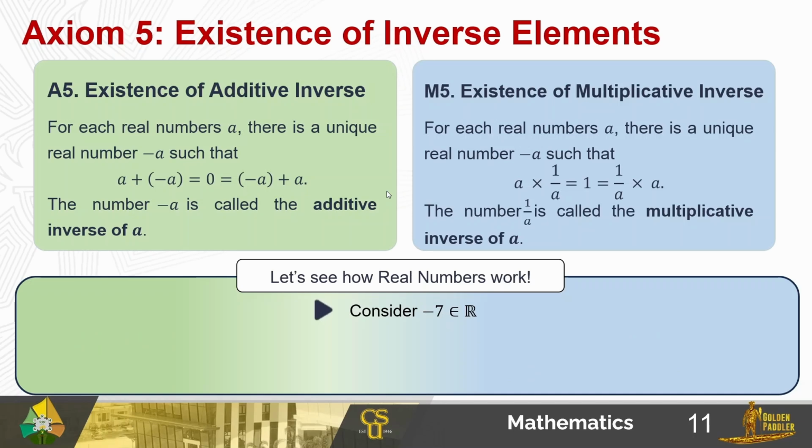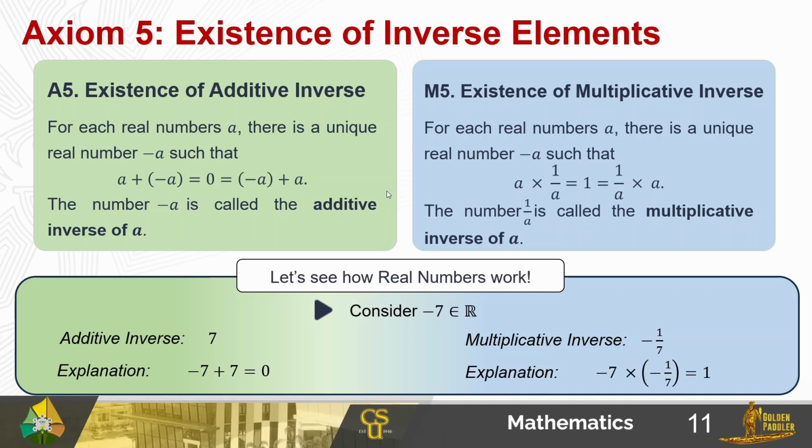Another, if we have negative 7, the additive inverse of negative 7 is the positive 7 because negative 7 plus 7 is 0. While its multiplicative inverse is the negative 1 over 7 because negative 7 times a negative 1 over 7, the answer is 1.